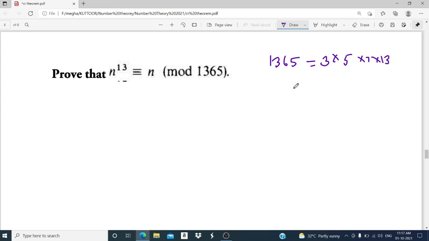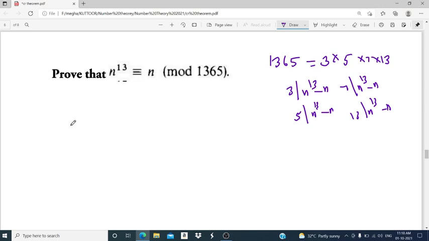Now we show that 3 divides n raised to 13 minus n, 5 divides n raised to 13 minus n, 7 divides n raised to 13 minus n, and finally 13 divides n raised to 13 minus n. Then we can say that their product also divides n raised to 13 minus n, that is 1365 divides n raised to 13 minus n.